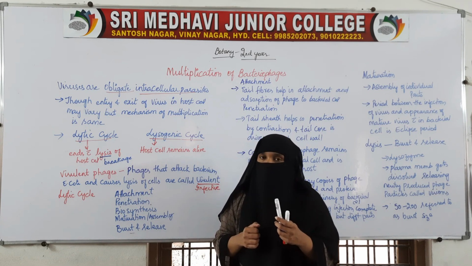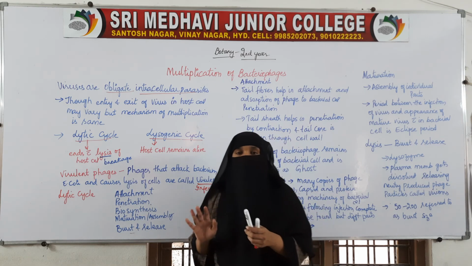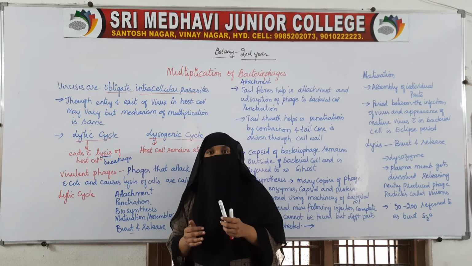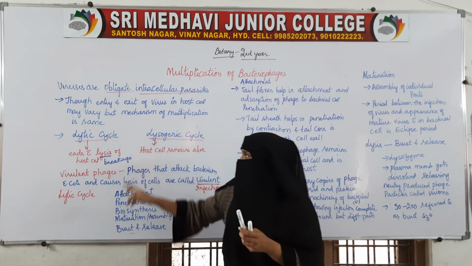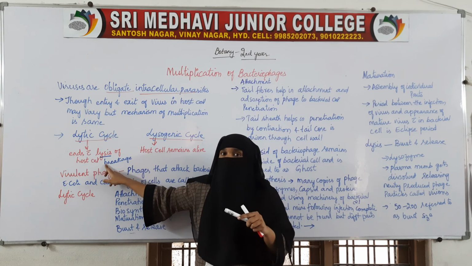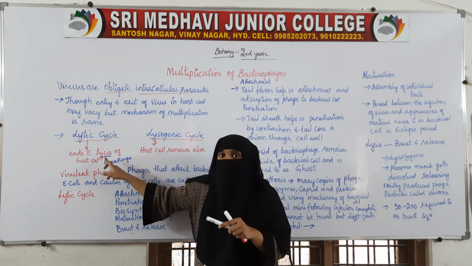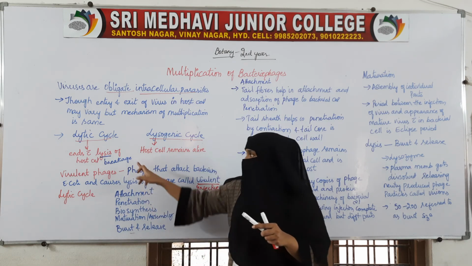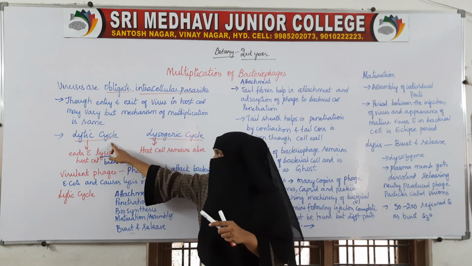After the multiplication of the viral genetic material is done, the cell will be destroyed. The bacterial cell or the animal cell or the plant cell will be destroyed. So in the lytic cycle, the cell in which the virus takes shelter will get destroyed or broken down.